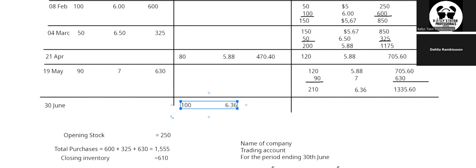So now, to calculate the value of my goods, I would have the 210, actually no, I would just have 110 remaining because it's 210 and I just sold 100 at $6.36, which would come up to $699.60.